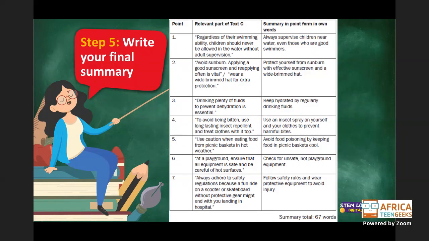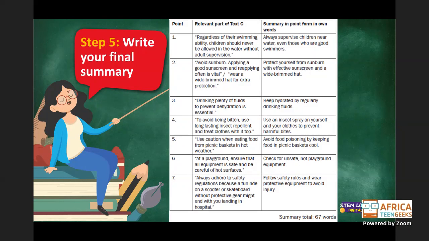Okay, so the first one: regardless of their swimming ability, children should never be allowed in the water without adult supervision. So that was what we got from the text. If you change that into your own words, you would say always supervise children near water, even those who are good swimmers.